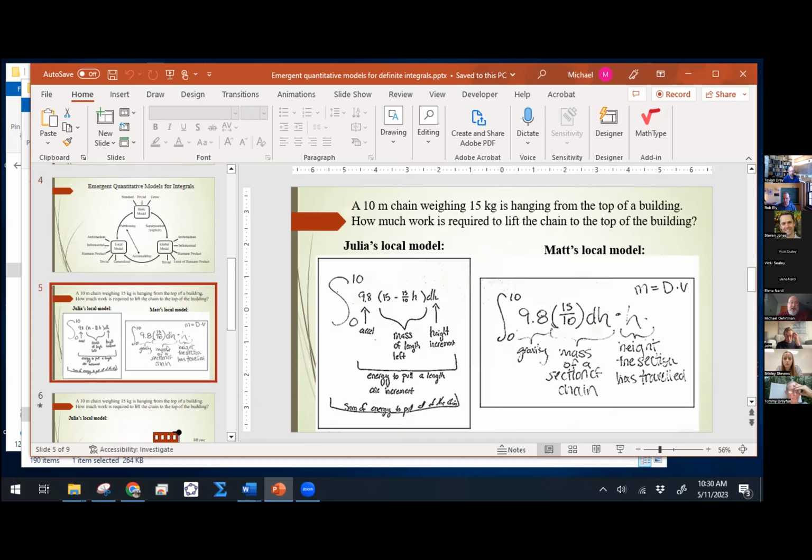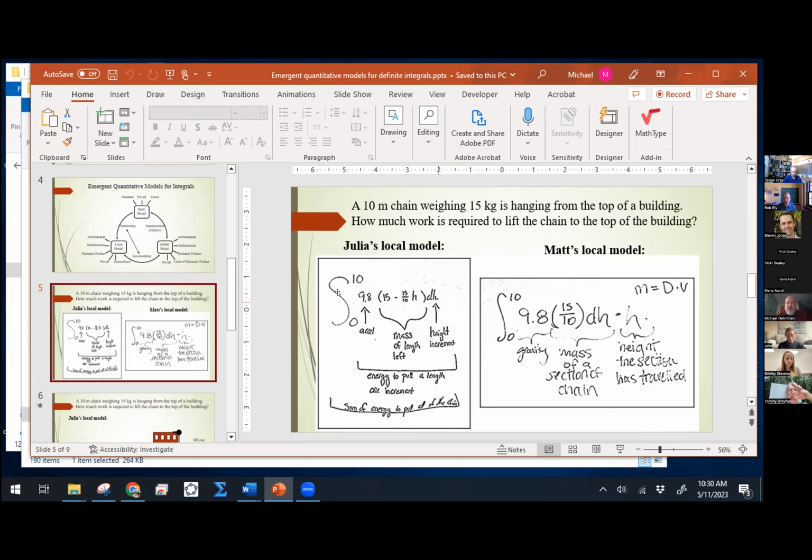The Riemann product, I'll maybe finish on that. For example, Julia's local model is something that we would call a local Riemann product. And this is what's necessary. For example, if you go back to Stephen's talk, when they were talking about converting something into a rate model, Julia could do that.